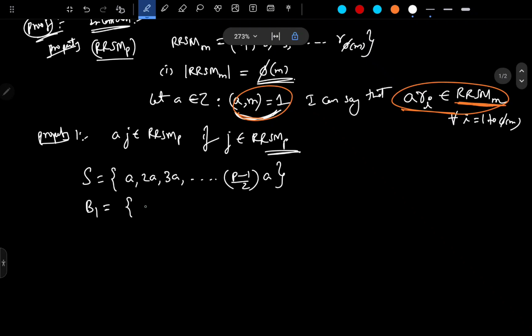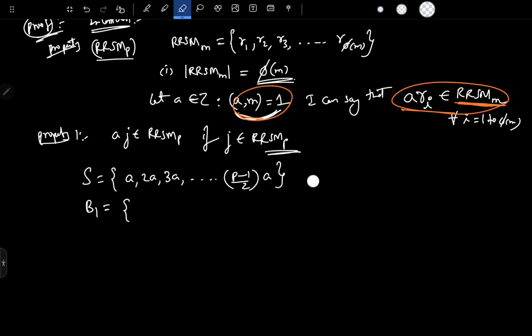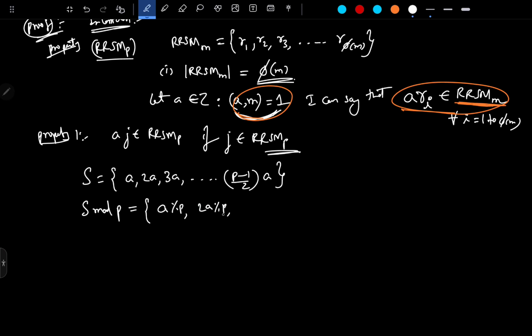So from this set, pick the elements. Consider S mod p. Like the sir has written in this format, I am also writing. S mod p means this is the set, and so on, up to (p minus 1) by 2 times a mod p.